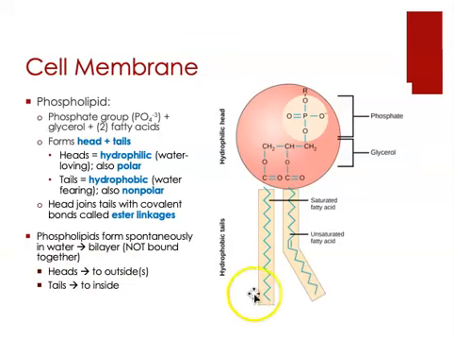What you're looking at on the right-hand side of the slide is a drawing of an individual phospholipid. Now, this is a very simplistic drawing. They've included some of the actual chemical structure in the drawing, and then they've also just drawn very simple circles and straight lines and so on.